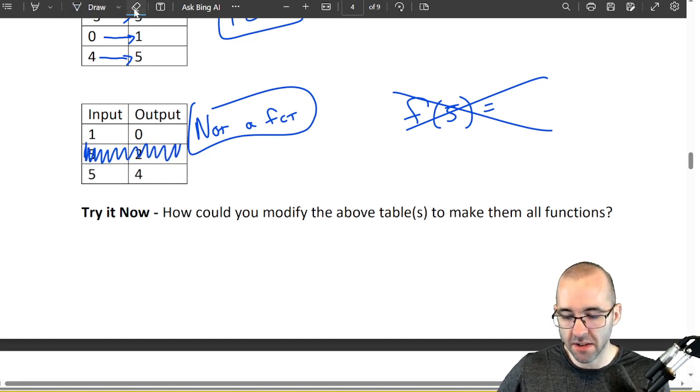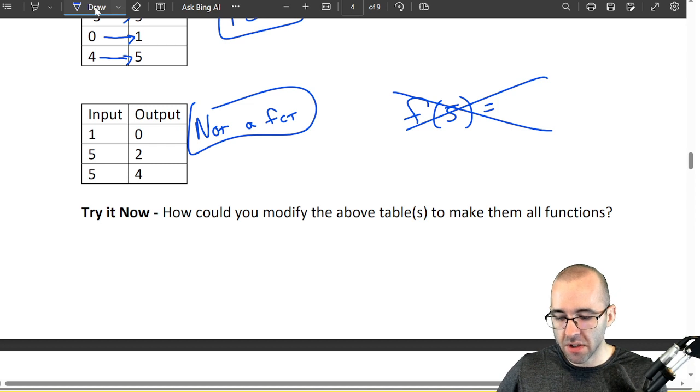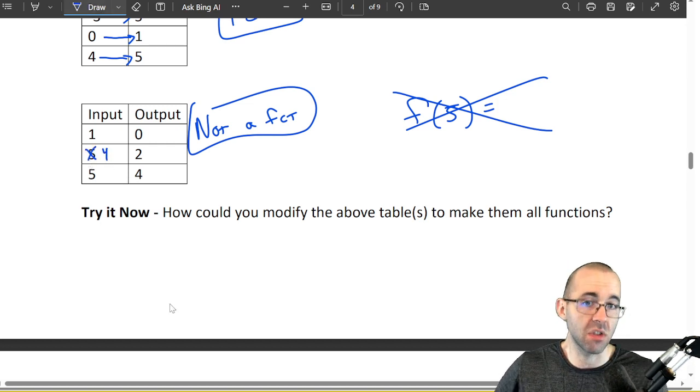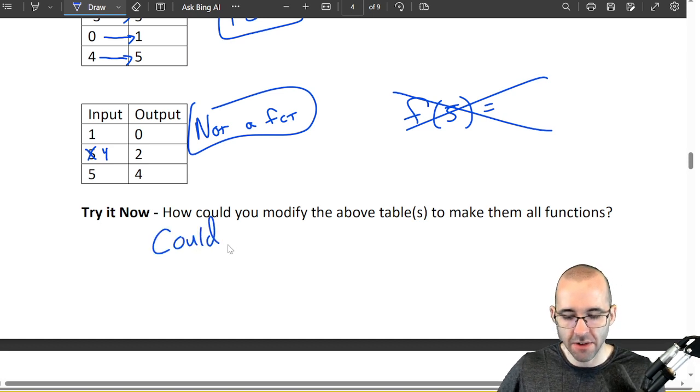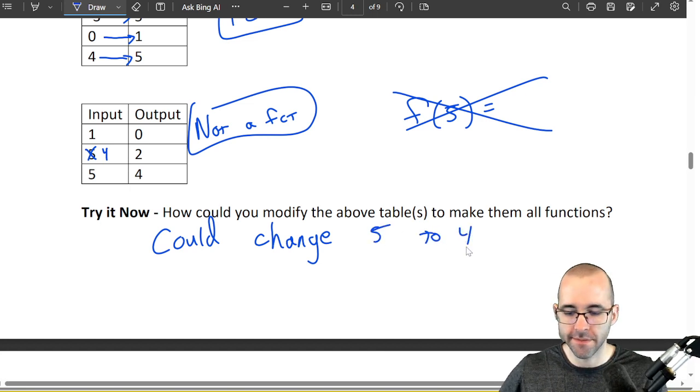That would be an answer. Or you could just say, let's make this 5 a 4. Now it's a function. Those are two different options. You could change the first 5 to 4. That's one way that you could do it.